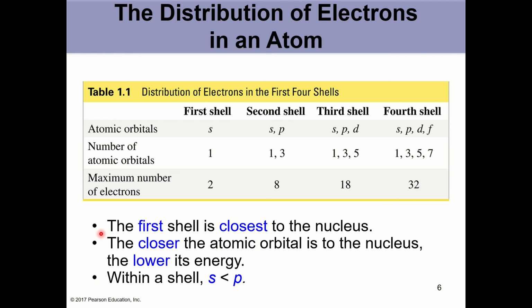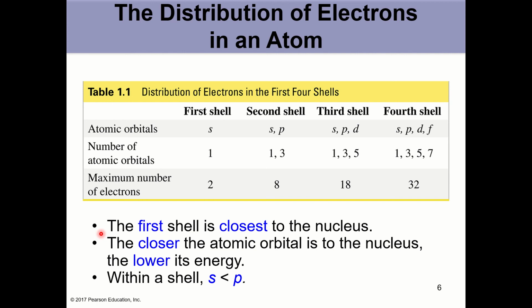And then within a shell, the energy of the orbitals goes from S is lower energy than P, and P is lower energy than D, and D is lower energy than F. So you still have to remember all of the rules that you learned about orbital energy and the order in which the electron configuration is written, and why it is written 1s2, 2s2, 2p6, 3s2, 3p6: because the lowest energy electrons are written first, so those are in 1s2, and the highest energy electrons are written last.